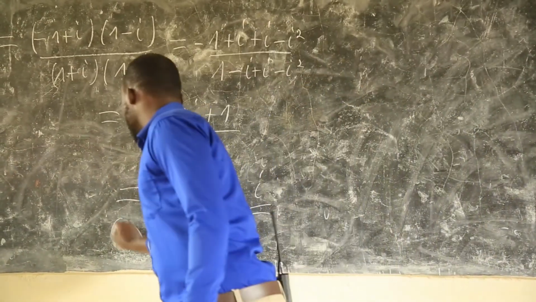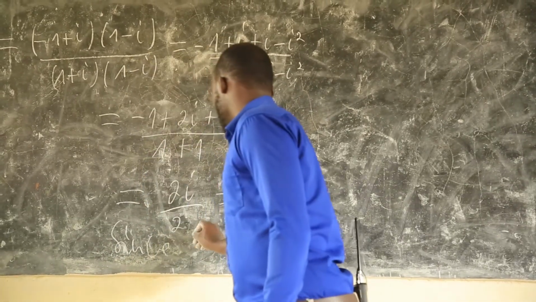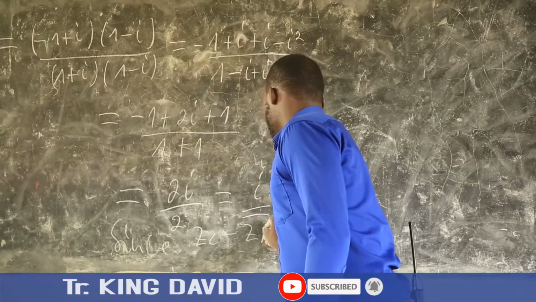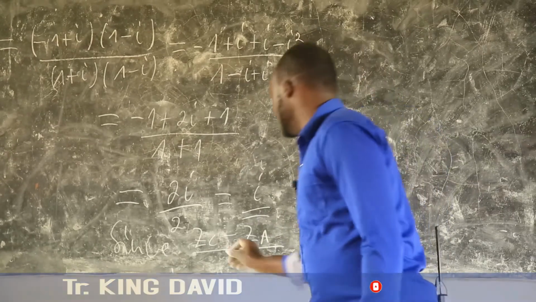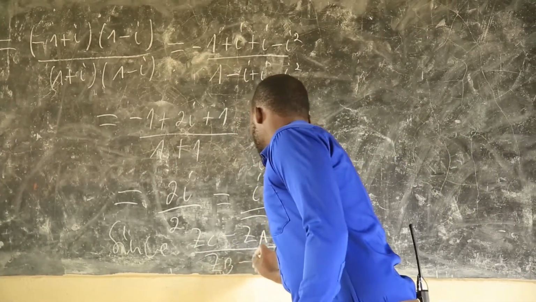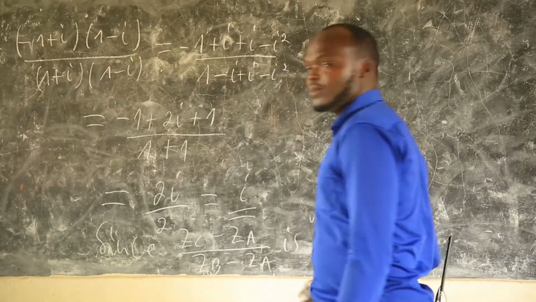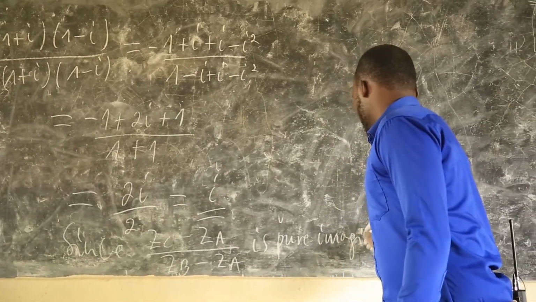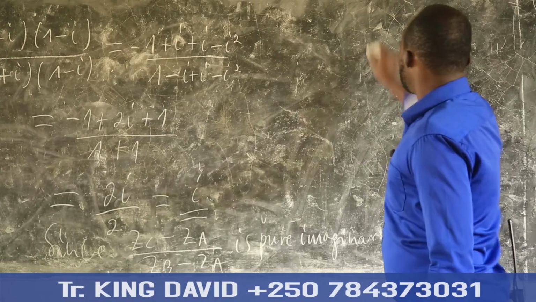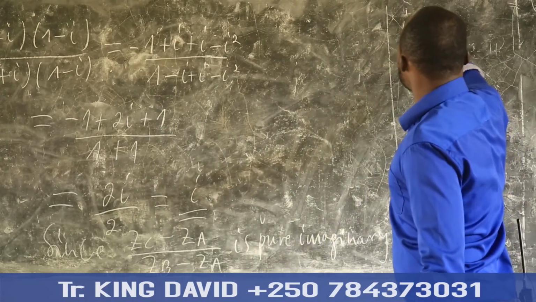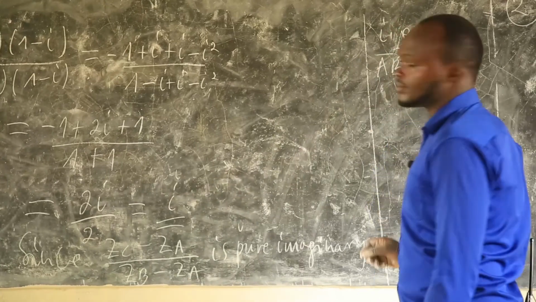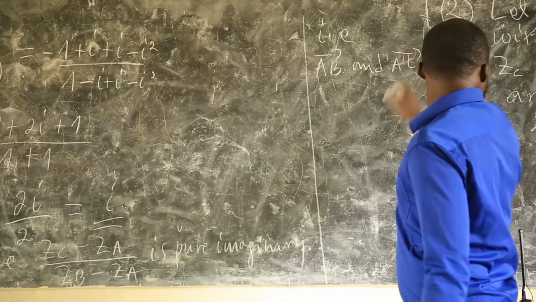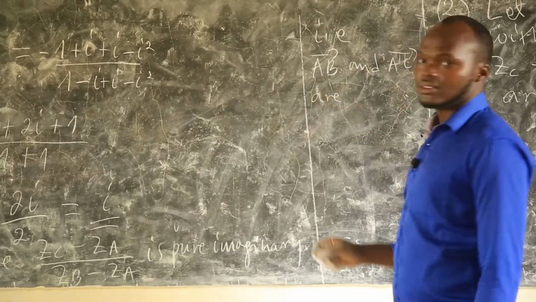So we say that since (ZC minus ZA) divided by (ZB minus ZA) is pure imaginary, that is to say, AB and AC are perpendicular.